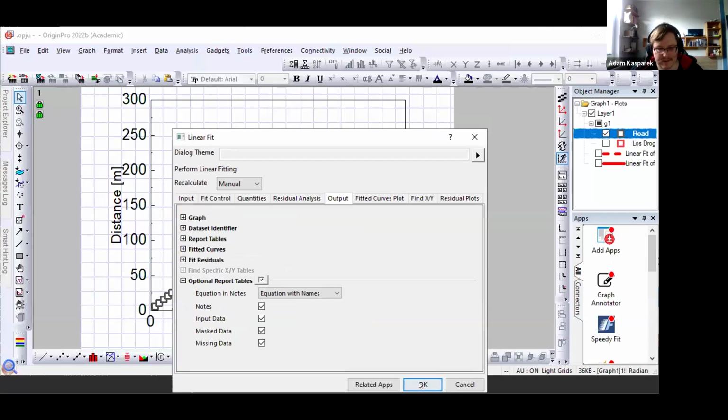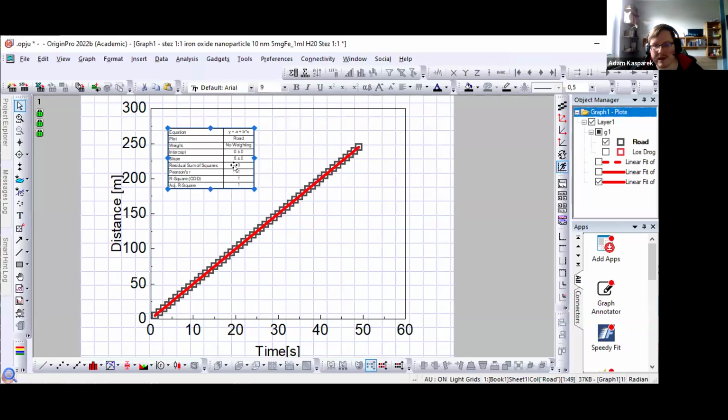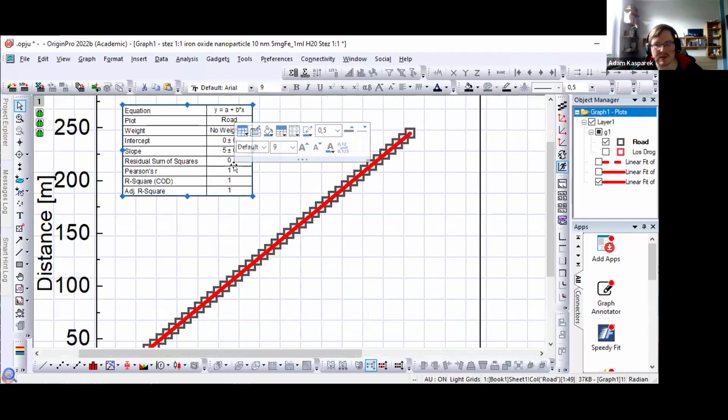As you can see, the fit now gives us the answer which was given by Carol, which is the slope, which in this case is the speed, around 5 meters per second. And as we can see, usually when we use the programs, we get additional parameters.